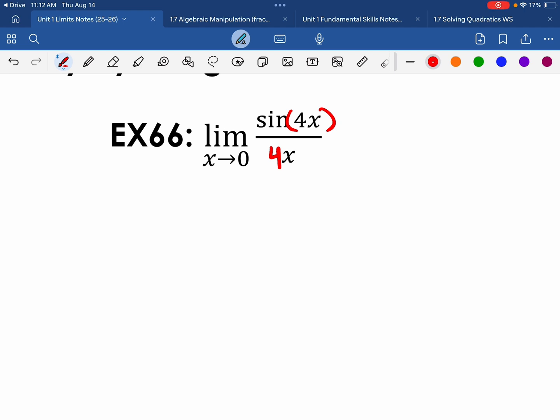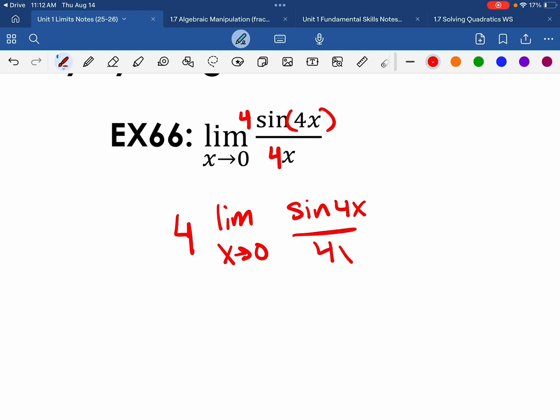Now, if you multiply the bottom by 4, what else do you have to do? Multiply the top, so you're not actually changing the problem at all. And if you multiply the top by 4, that's just a constant. You can just pull that coefficient out and do 4 times the limit as x approaches 0 of sine 4x over 4x.